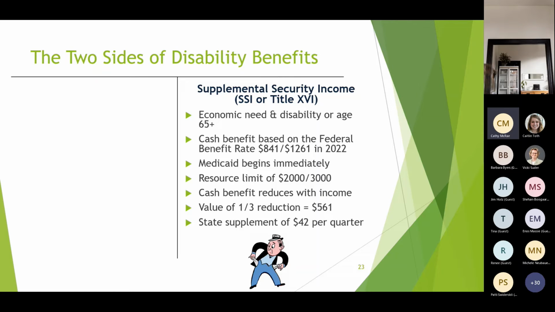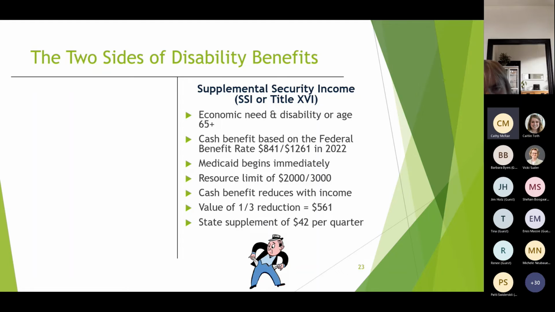Cash benefits reduce with income. So that $841 will get reduced somewhat by the amount of earnings that you get from work. And I'll talk more about how that happens as we move forward here.